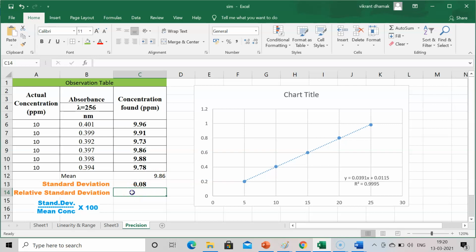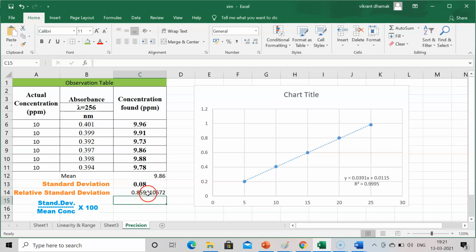Now let us apply this formula. Press equal to, then standard deviation divided by mean concentration, press star and into 100. Now you will get the relative standard deviation.